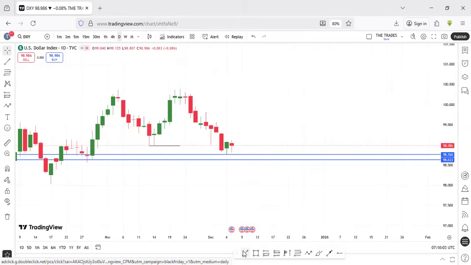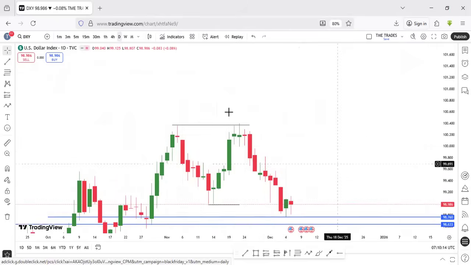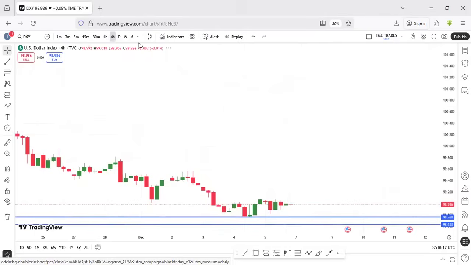As you can see, this low went and swept this buy side liquidity, but as you can see, none of these candles closed above it, not even on the 4 hours.